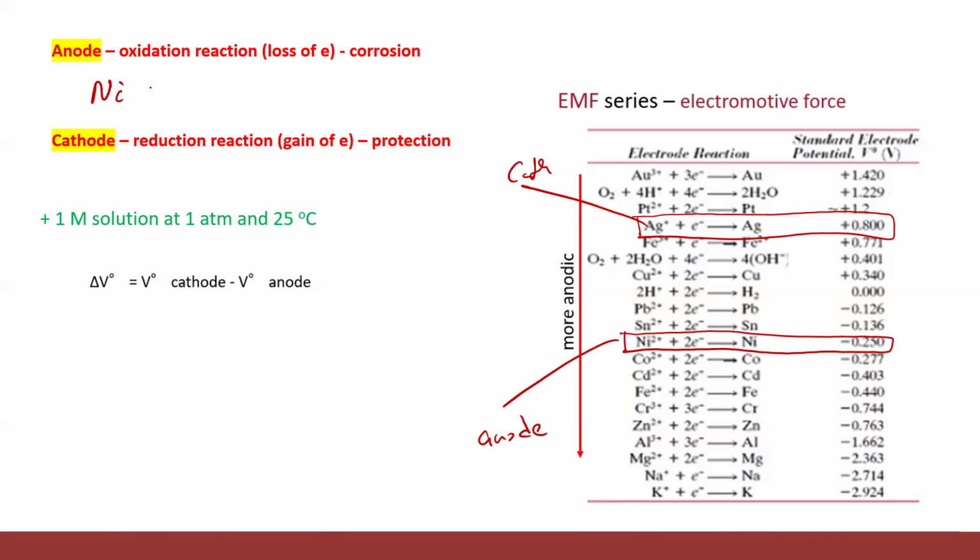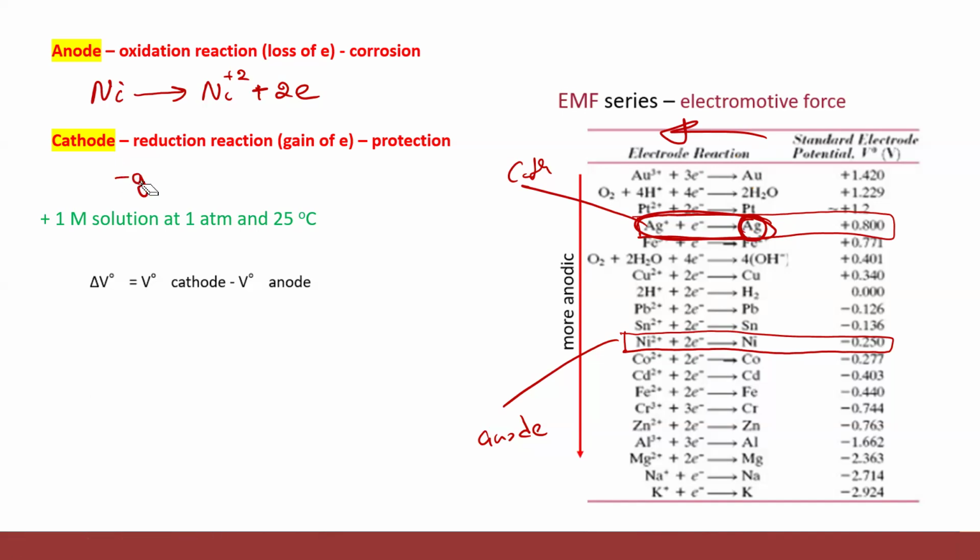Anode means your nickel is losing electrons, so nickel will become Ni2+, isn't it? So you just write this equation. In the cathode, what is happening? The opposite is happening, gaining electrons.